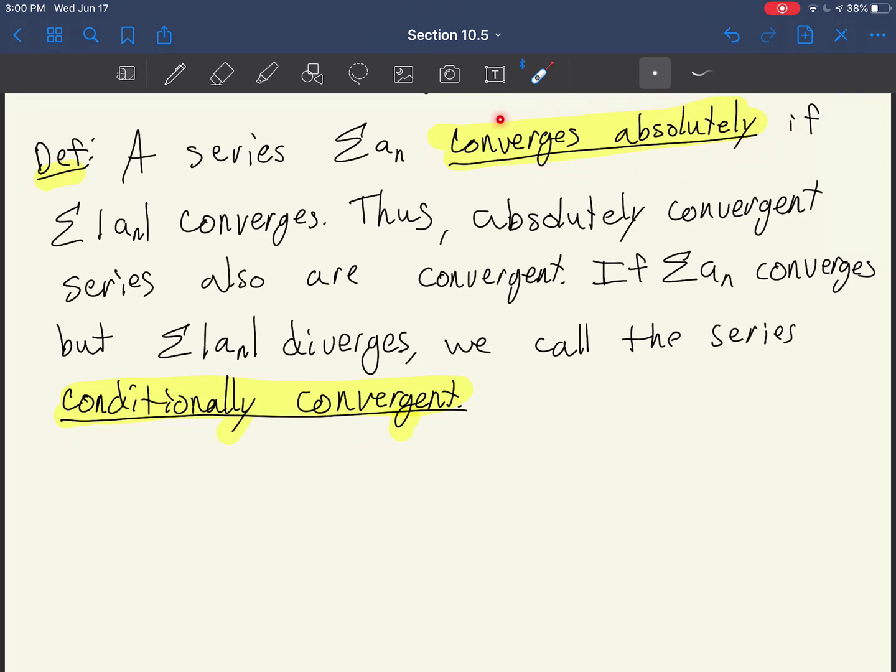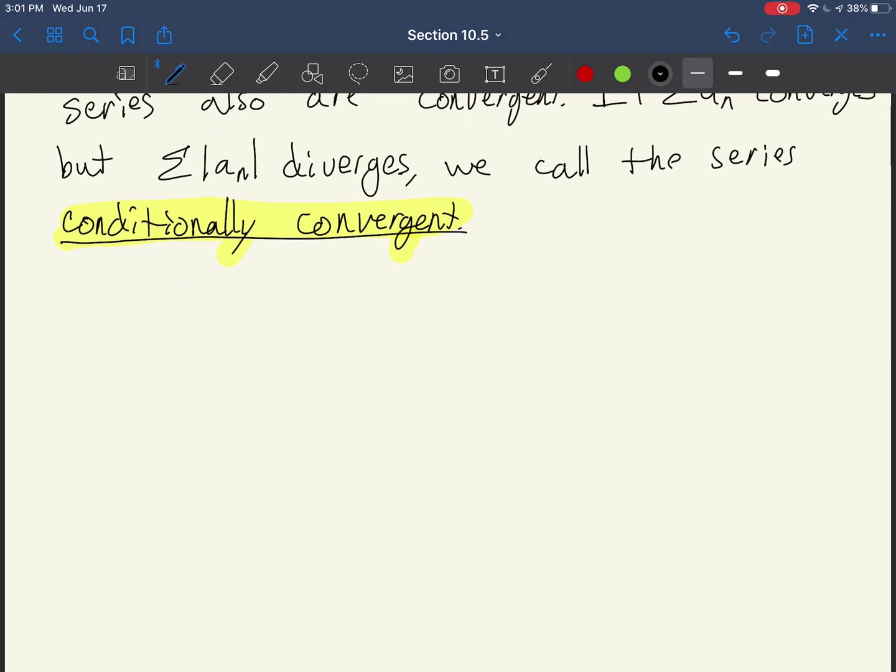So really what we have is a series that converges really strongly, converges absolutely, and a series that converges weakly, conditionally convergent. You can think of these as tiers.